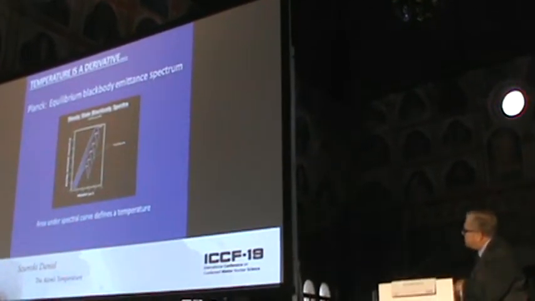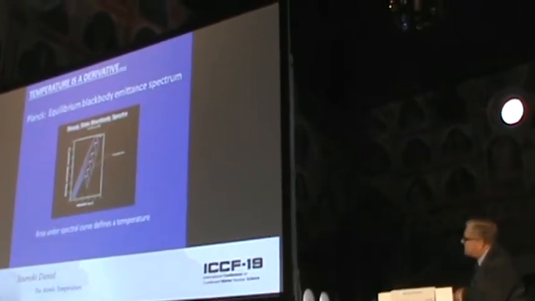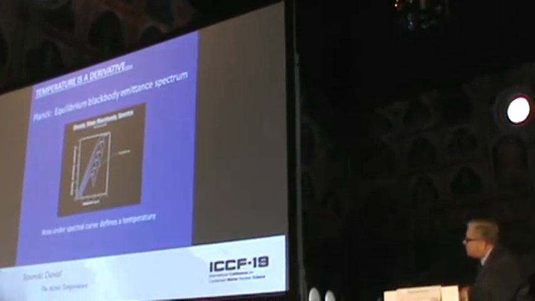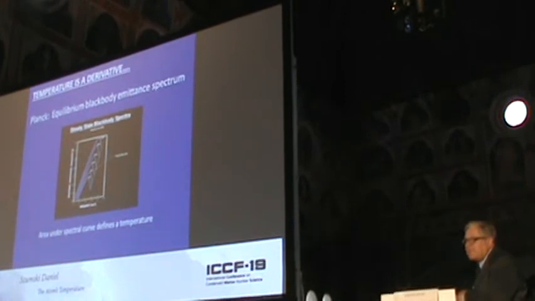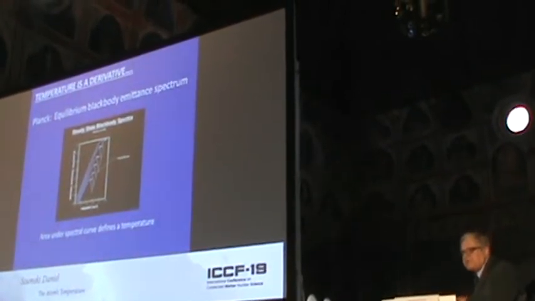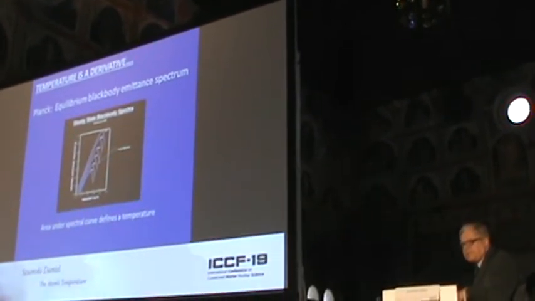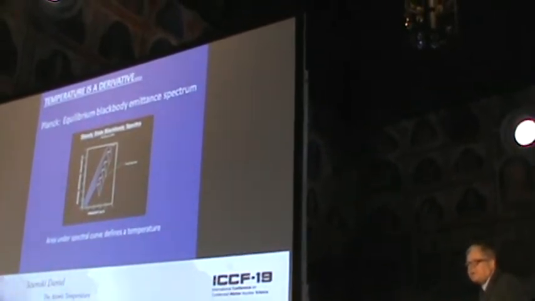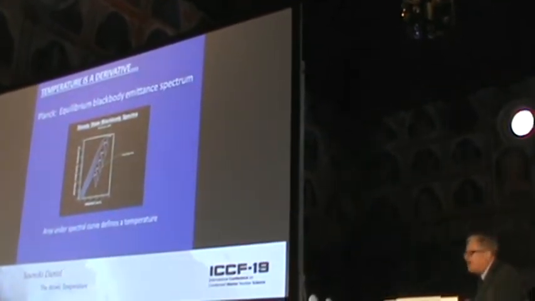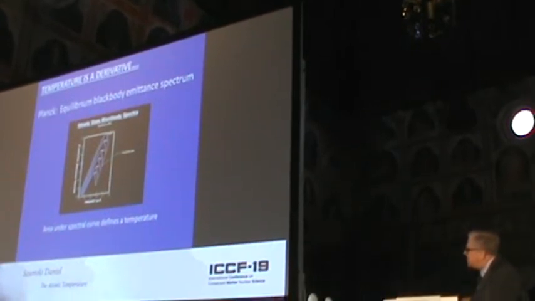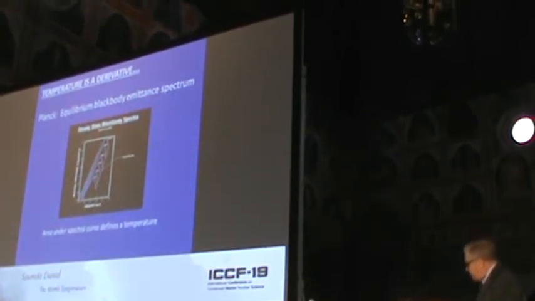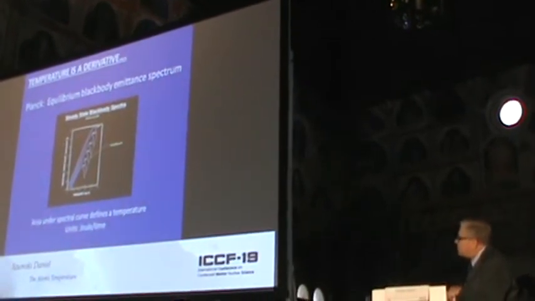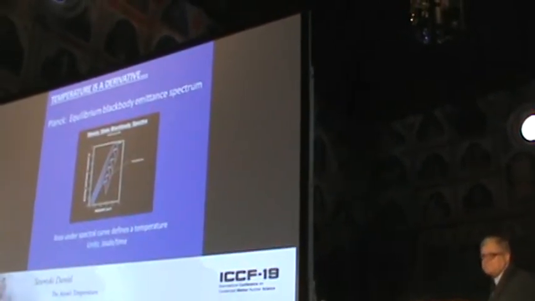Under any one of his steady state black body spectral curves, the area under that curve defines a unique temperature, and the temperature is not dependent in any way on the material, and also not dependent in any way upon the size of the particle. I'll talk to that a little bit later. The units that we're talking about, since this is a derivative, are joules per time.